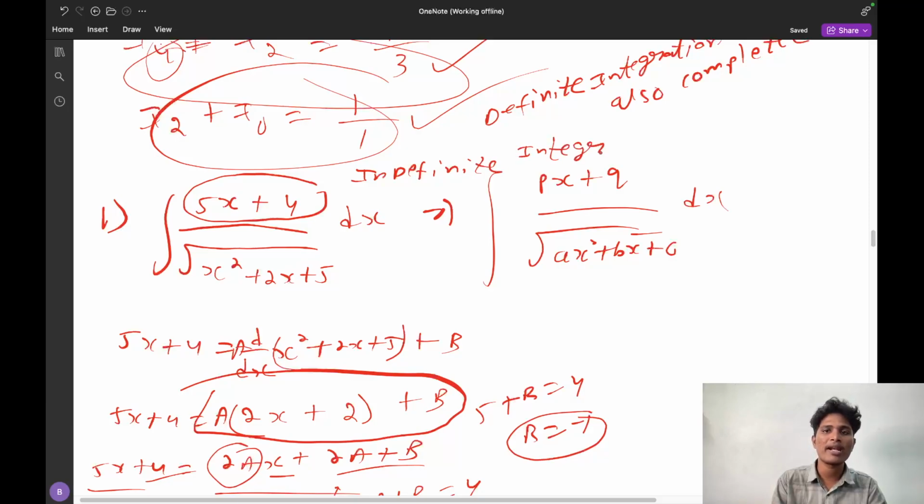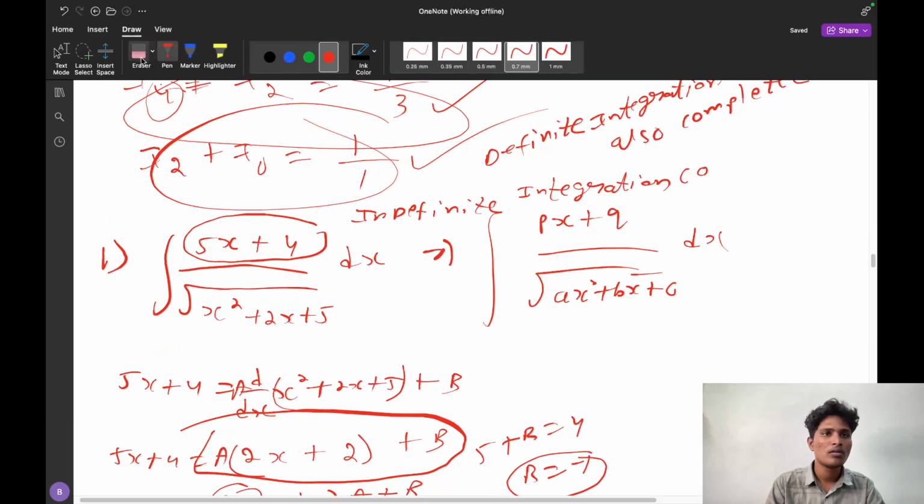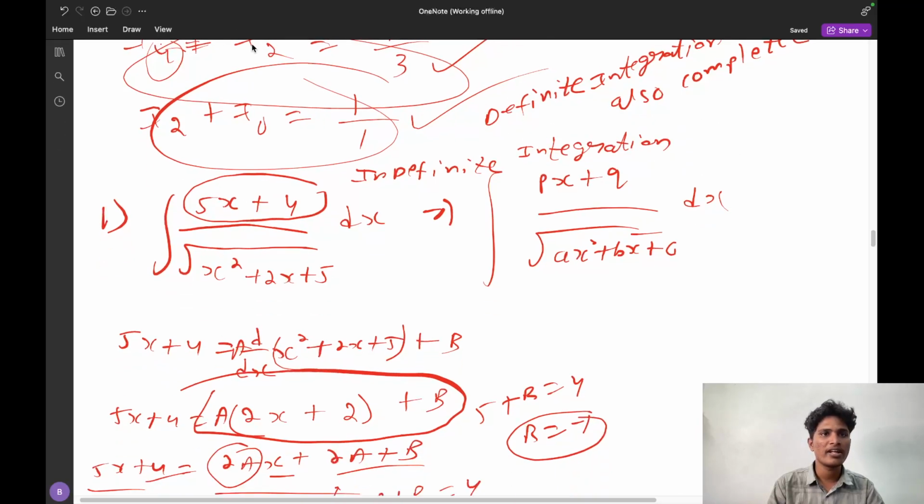For your simplicity, I am writing here what I have discussed: indefinite integration questions are completed.